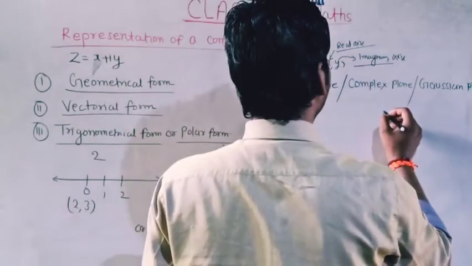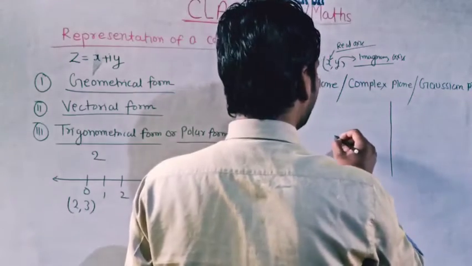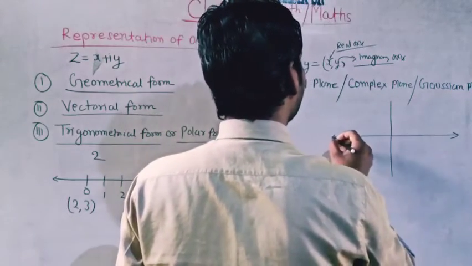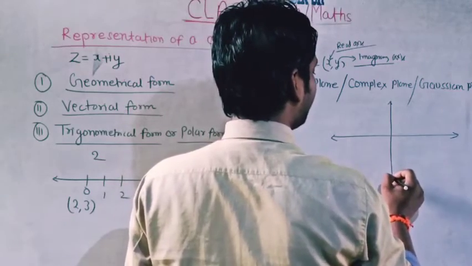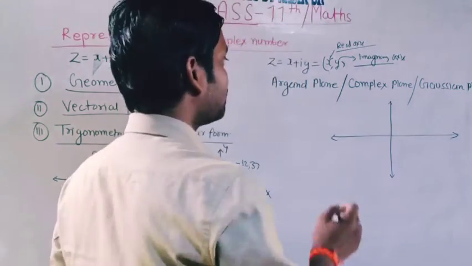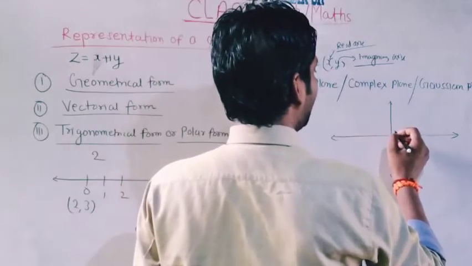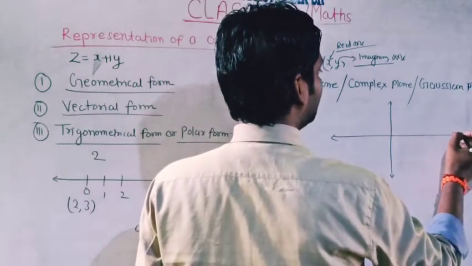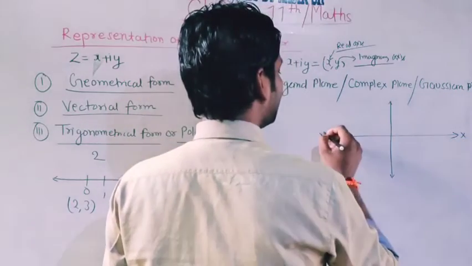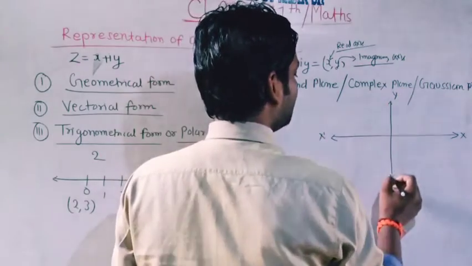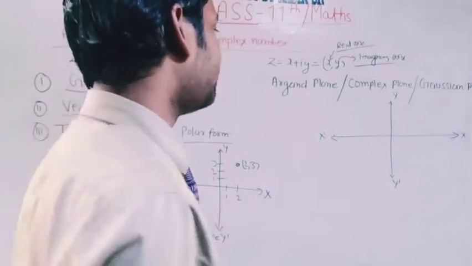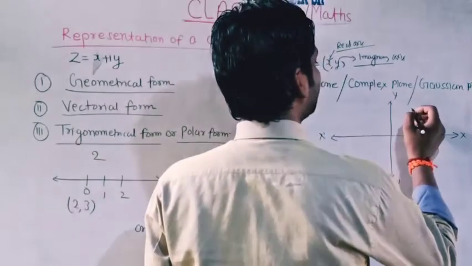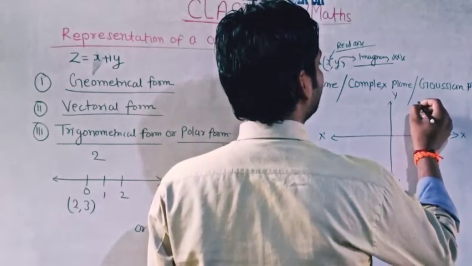So dear children, if we want to represent x comma y, suppose x comma y lies in the first quadrant. So this is the real axis, x dash y dash. Suppose x comma y lies here.